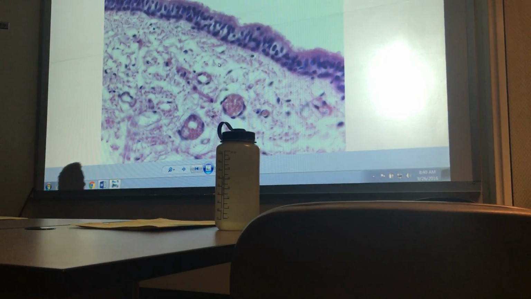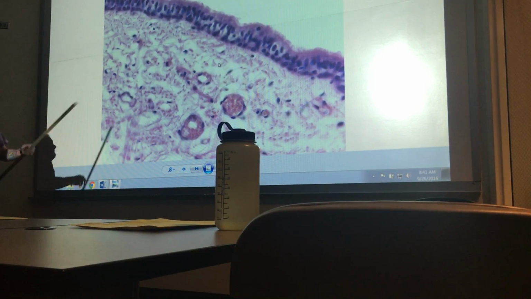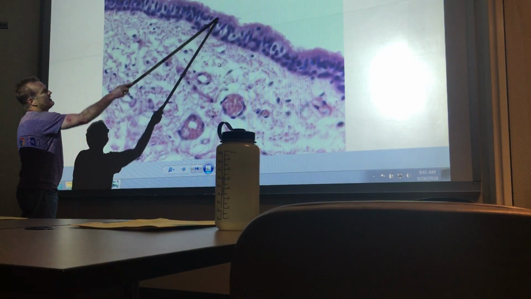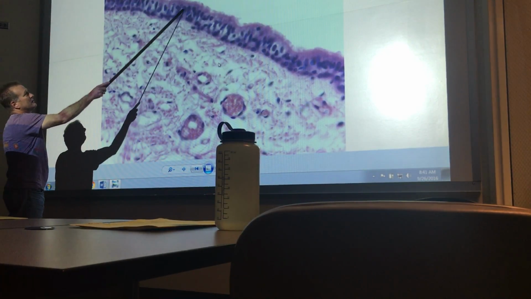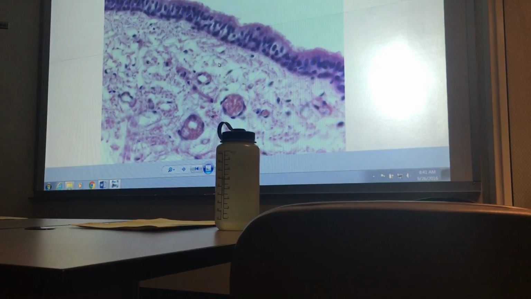This is just another slide of the trachea. I like this one because it shows why people think this tissue is stratified. I mean, you truly see nuclei at different heights, which would lead you to believe that you have cells stacked on top of each other, but you don't. It looks like that because of the three types of cells.